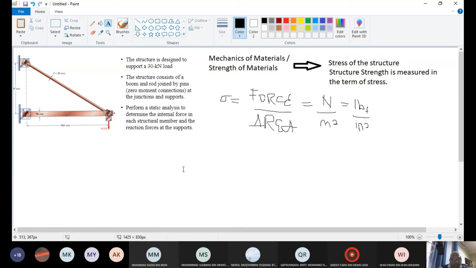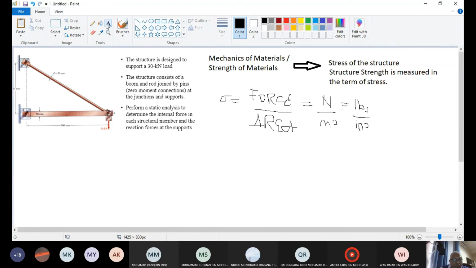So there are two things you need to understand: when load is applied to the structure, there is a stress on the structure. The stress will be compared with the strength of the material that makes the structure. So far, anyone having problem with understanding? Yes, sir. Okay.